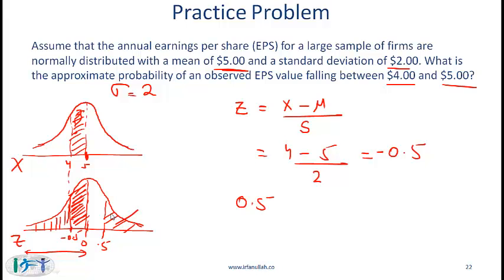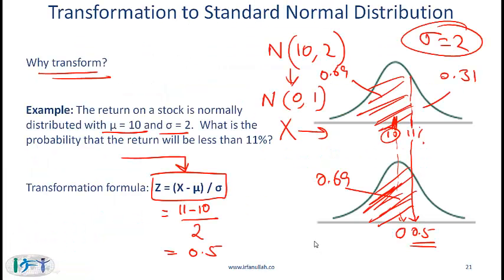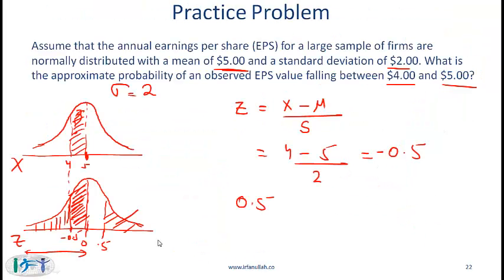And we have already done that. Earlier, we noticed that for 0.5, this whole area is 0.69, which means that this area is 0.31. So this area is 0.31, which means that this area over here, given symmetry, is also 0.31.